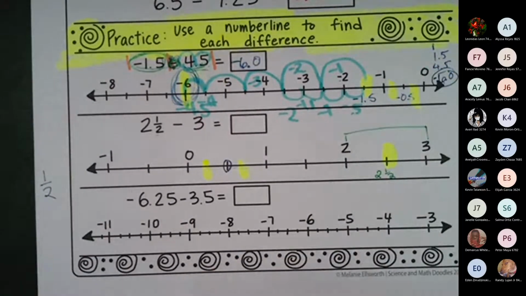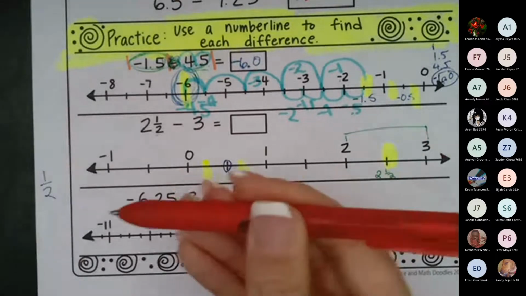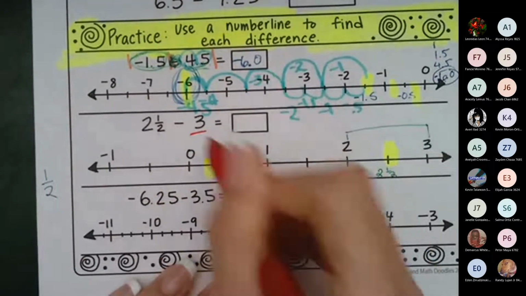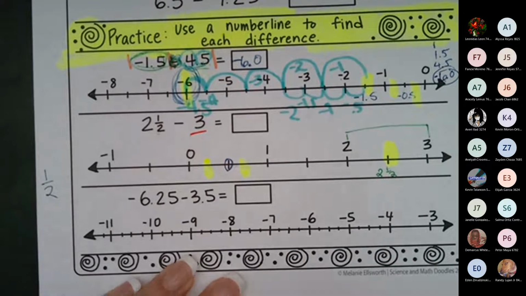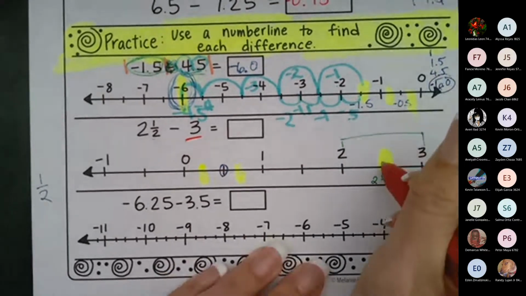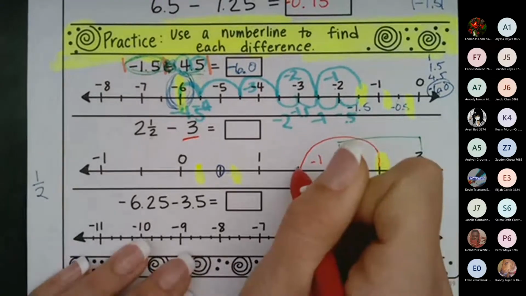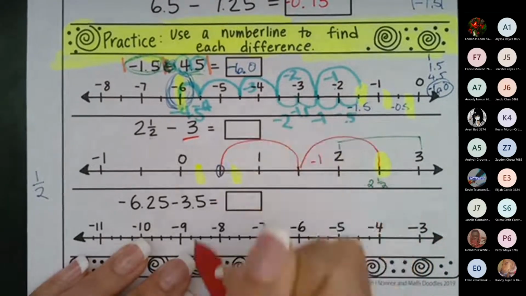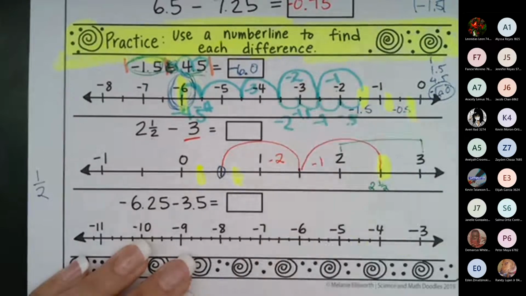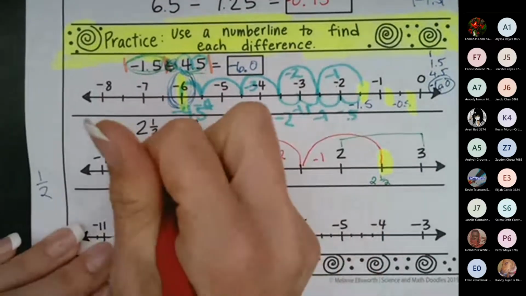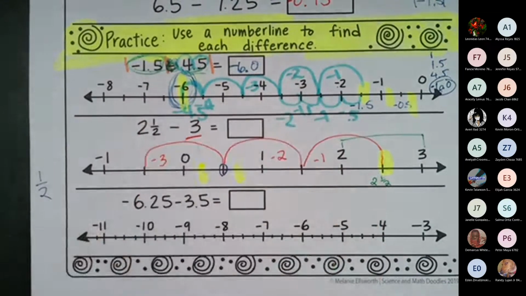Then I need to move to the left 3, because I'm subtracting positive 3. So I'm going to go over, this is minus 1, over to the next half mark. This is minus 2, and over one more time, this is minus 3.